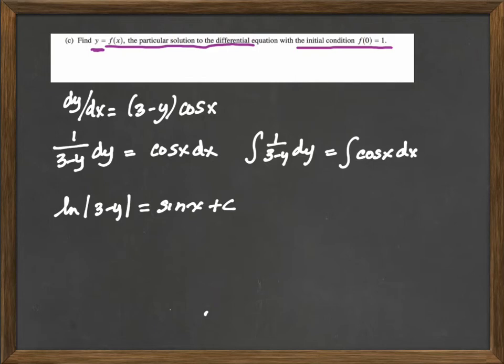All right, now I'm not going to substitute my point until the end, because in order to get y, I have to take e to the ln. So e to the ln (3 minus y) equals e to the sine x plus c.